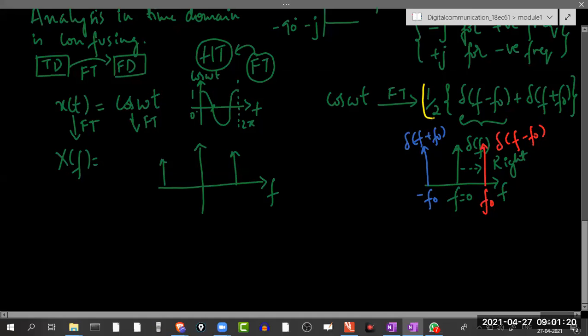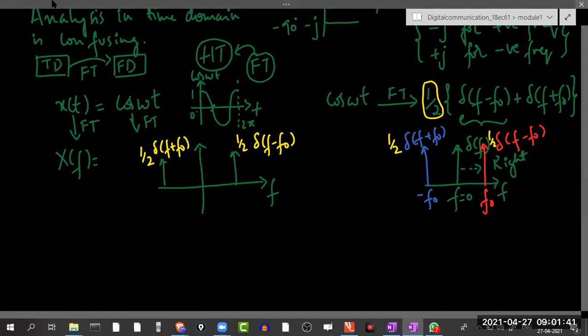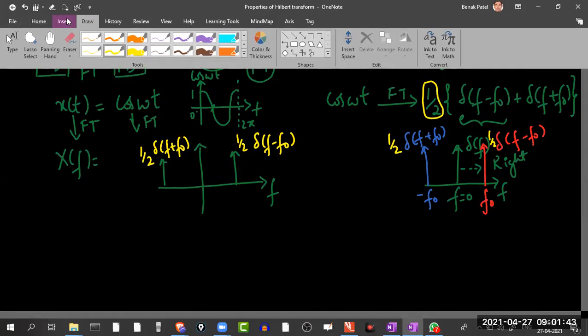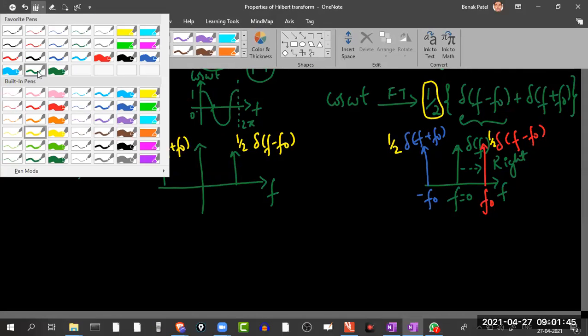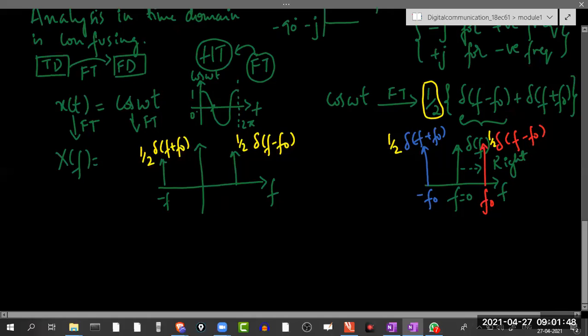So if I were to write this cos omega t in frequency domain, it's half delta f plus f naught, and over here half delta f minus f naught, where this is some negative frequency and this is some positive frequency f naught.